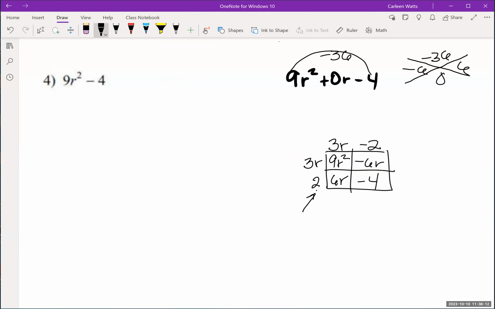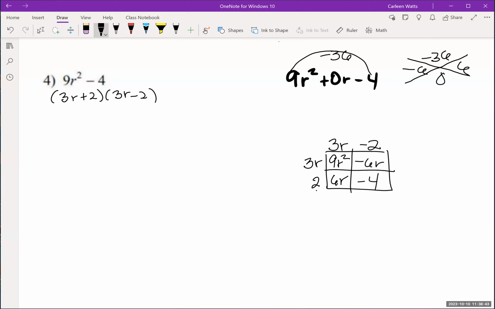Do you see how these two have to be different signs in order to get a negative number right here? And these two must cancel each other out because I have no R terms. Okay, so now we see that the answer is 3R plus 2 and 3R minus 2.